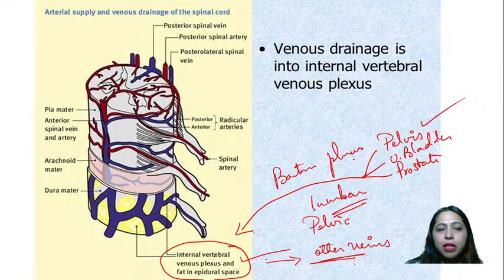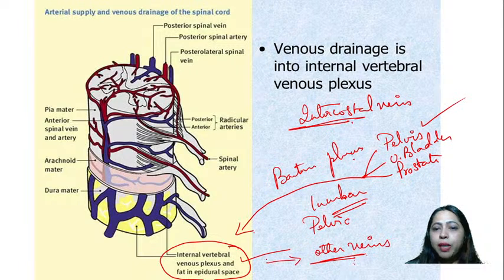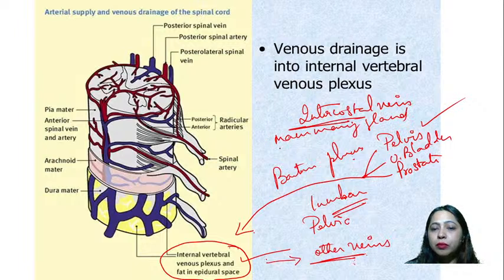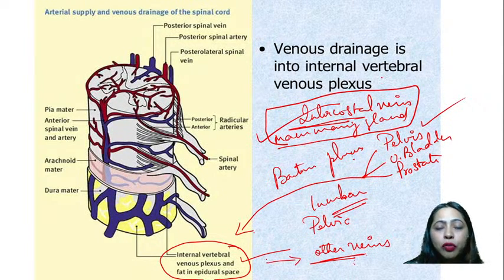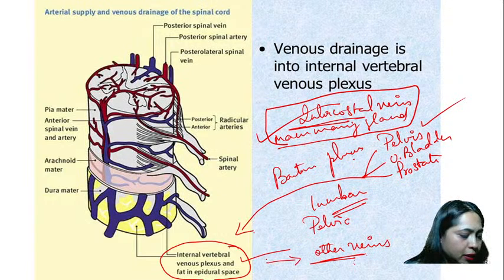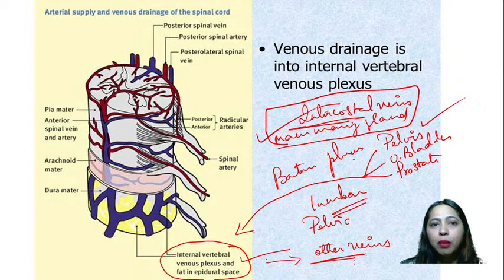And these vertebral venous plexus also have communications with the intercostal veins. Since intercostal veins also communicate with the mammary gland, it can also contribute to the carcinoma of the mammary gland. So there is a connection between all these things through the plexus.